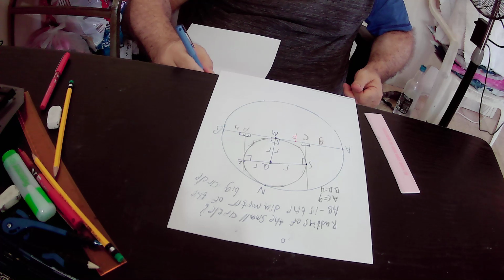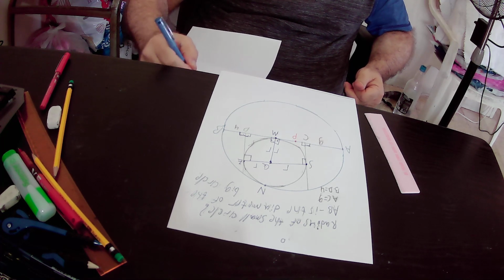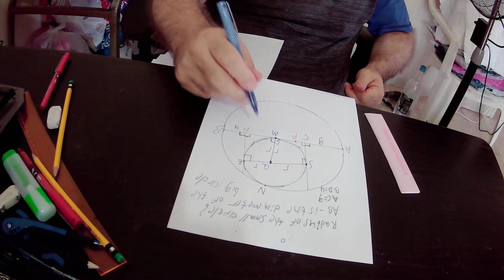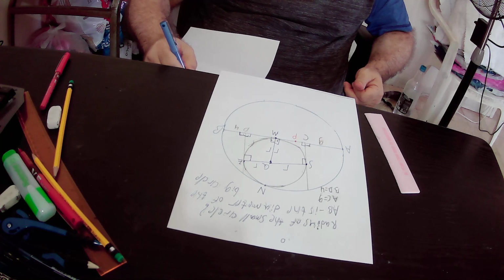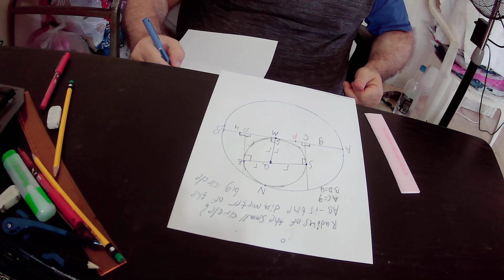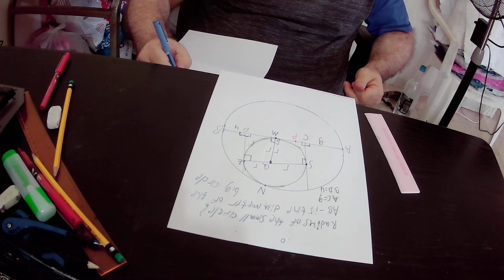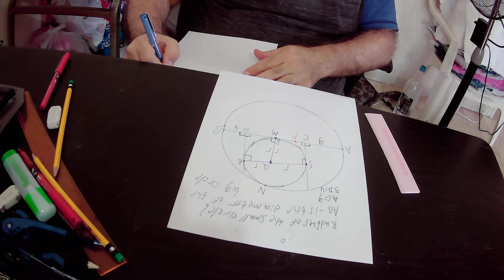So in QZMD, QZMD is the quadrilateral with 3 right angles. Okay, QZMD is the quadrilateral with 3 right angles.